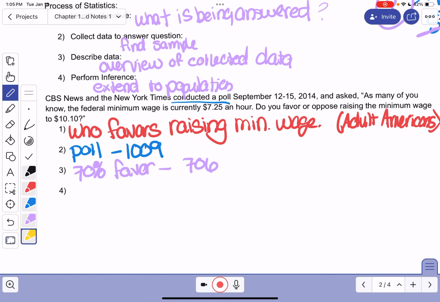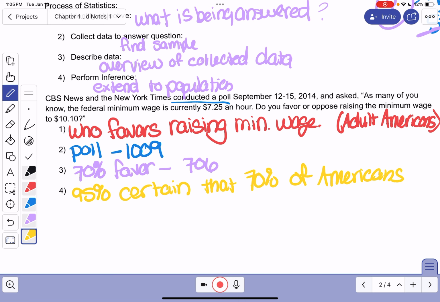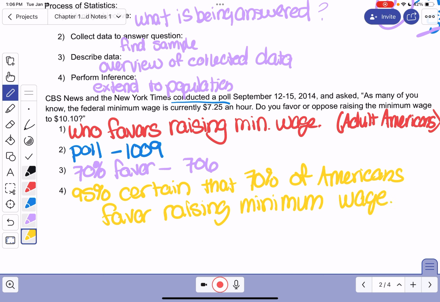Finally, we make our inference. So using the methods, we're going to say they are 95% certain that 70% of Americans favor raising the minimum wage, with a margin of error of 3%.